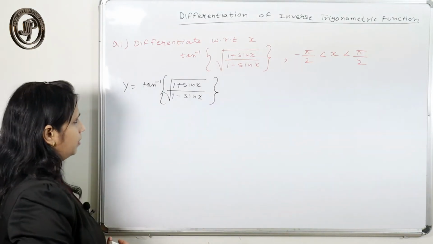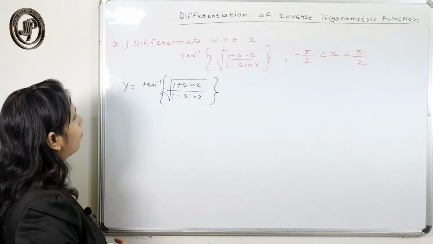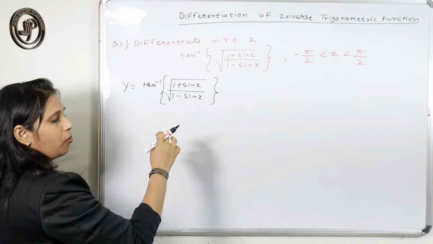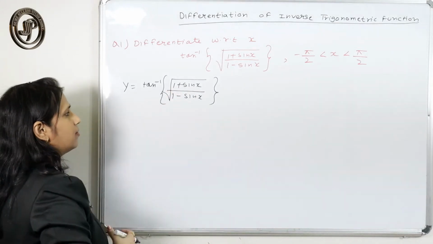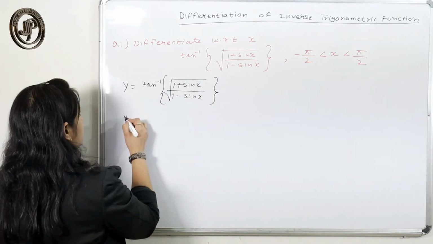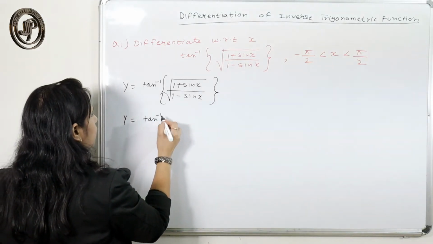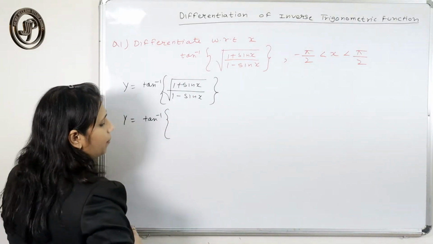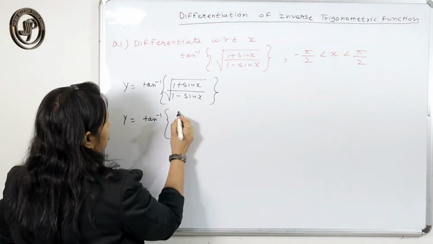Here I can use the 1 plus sine theta, 1 minus sine theta formula also, but it is better if I convert it into the cos function, then the question becomes easier. That's why I am converting this into the cos function.